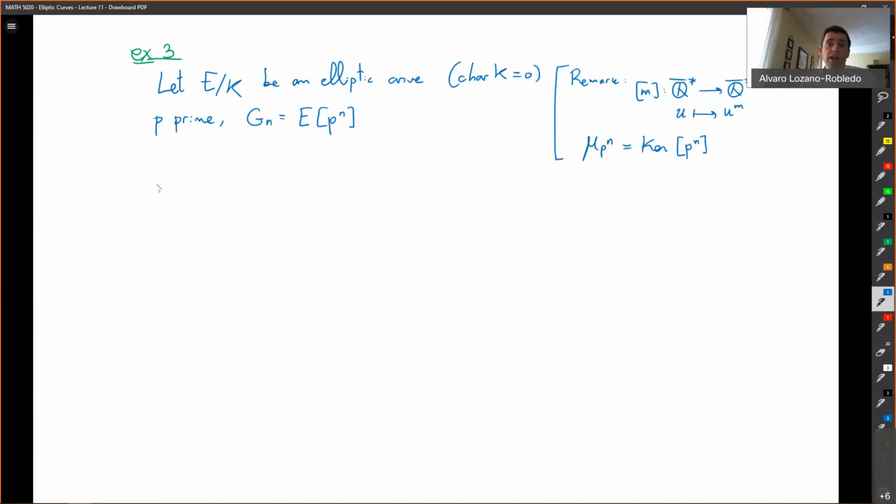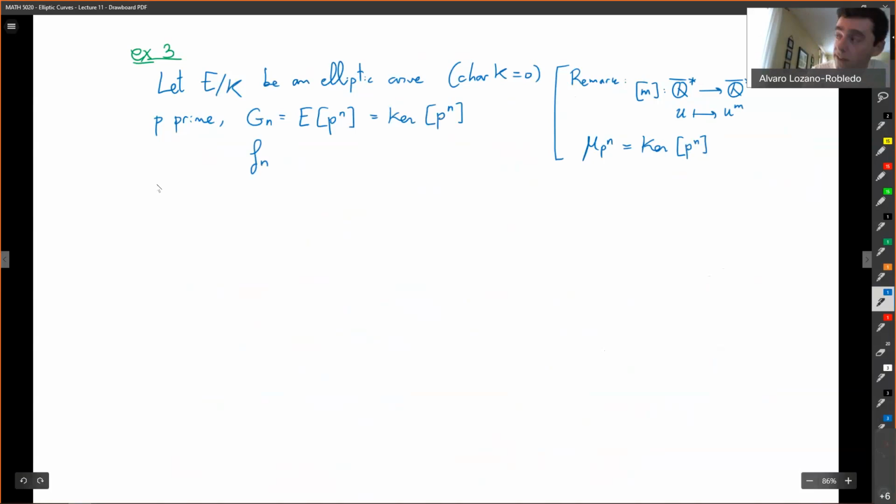Right? The numbers that when I raise to the p to the nth power give me 1. So similarly, E[p^n] is the kernel of multiplication by p to the n.